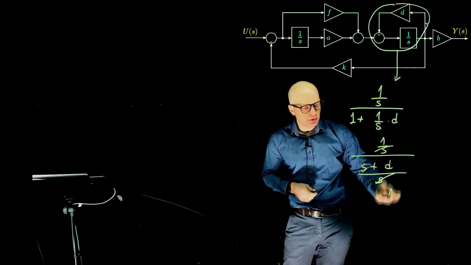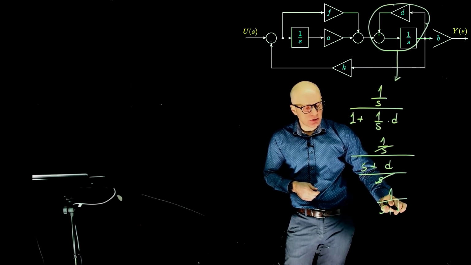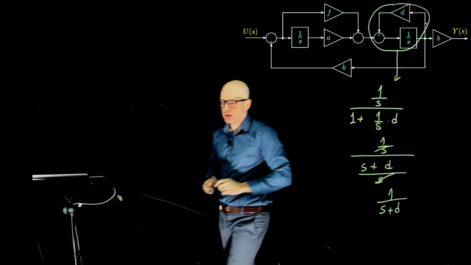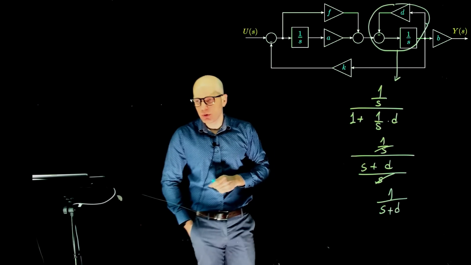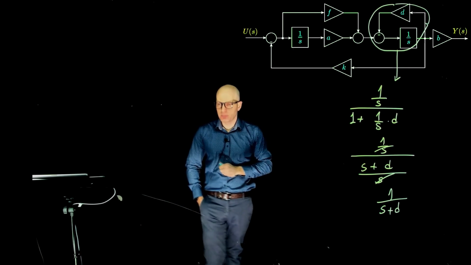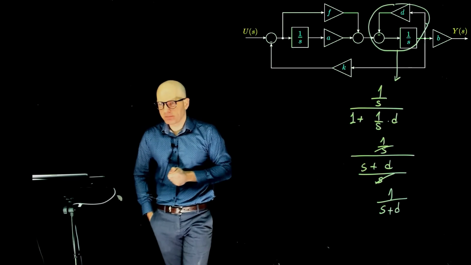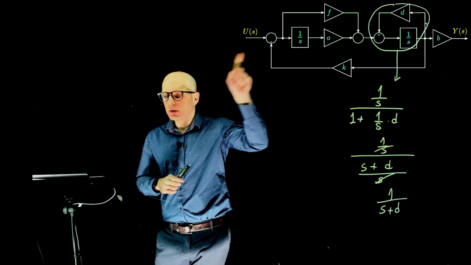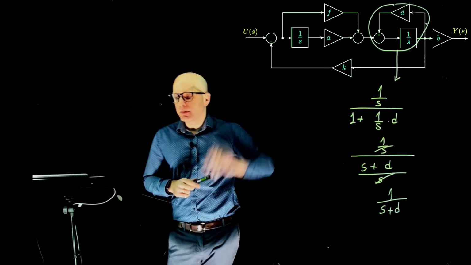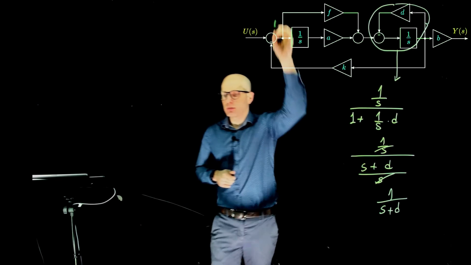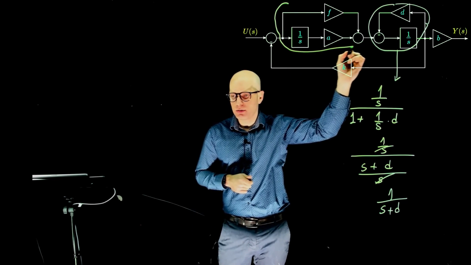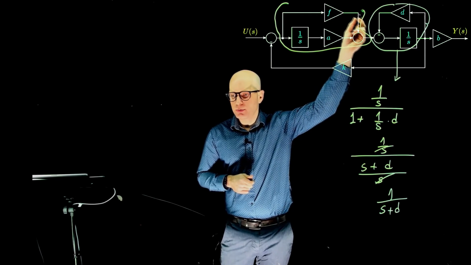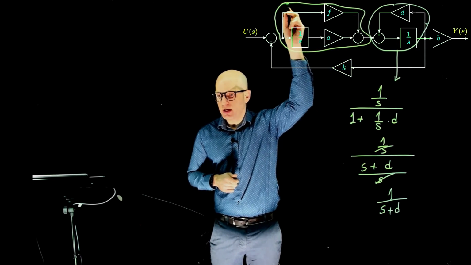Cancels. 1 over s plus d. So that entire thing simplifies to 1 over s plus d. So this one and that one can be multiplied, and we can eliminate this entire thing here.